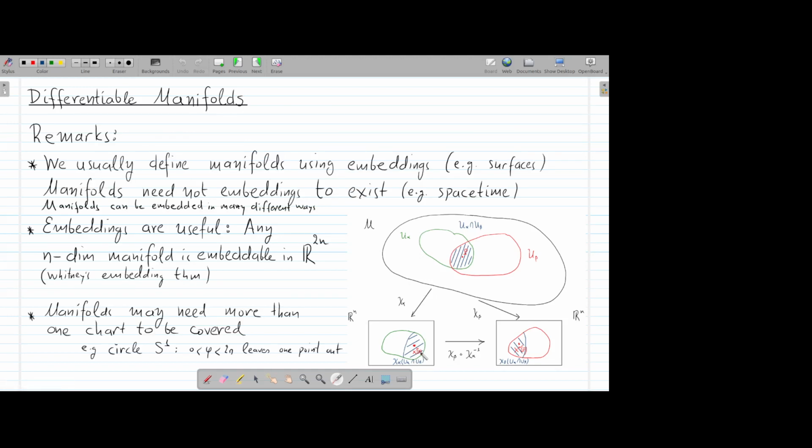So let's make some remarks that are useful for us pedestrians in mathematics. We're usually thinking of manifolds as embeddings, actually in R^n. For example, two-dimensional surfaces in three-dimensional space.